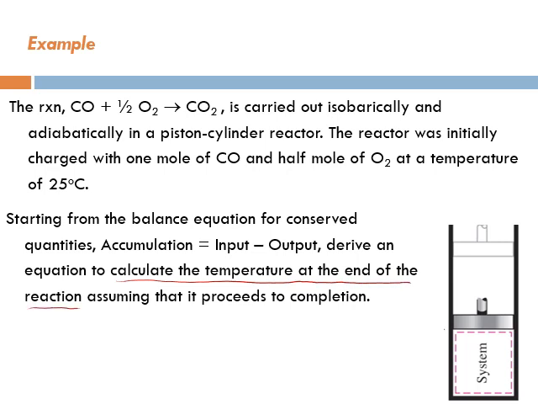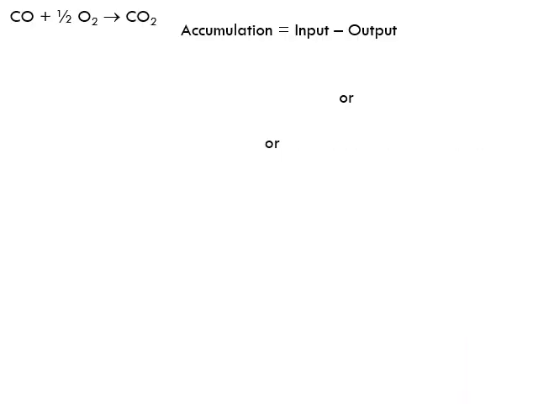So I'm assuming that it proceeds to completion. So let's start with the balance equation that is written for conserved quantities, because energy is a conserved quantity. So accumulation equal input minus output.